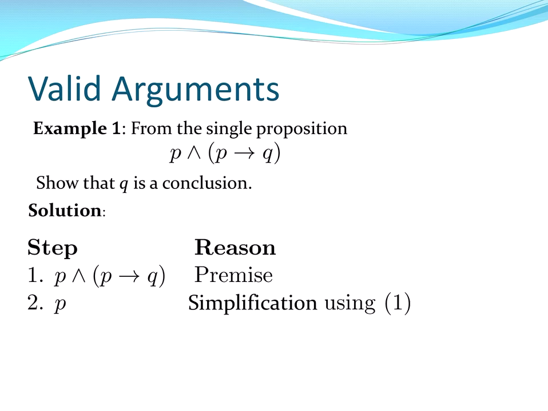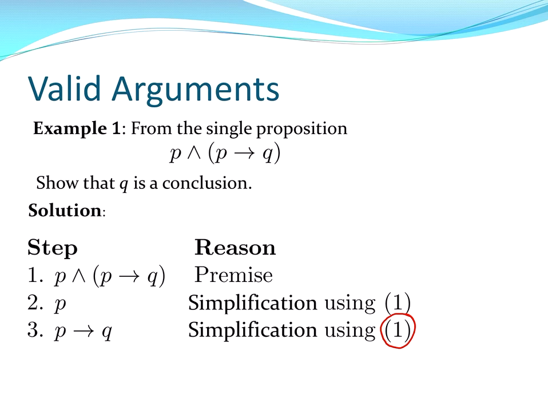I've written down my reason for writing down P is simplification, and then I've referenced the line that I've applied simplification to. We're going to do it one more time to get the other aspect of that premise. So we can also write down the statement that P implies Q, which is also a simplification based upon the first line, which was our premise.